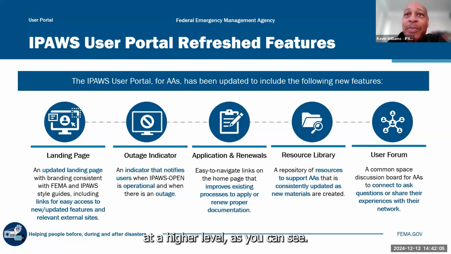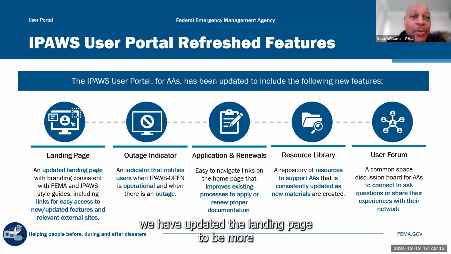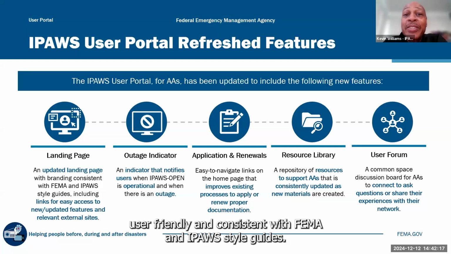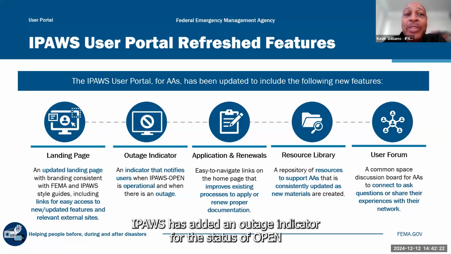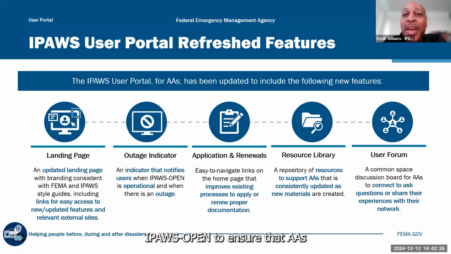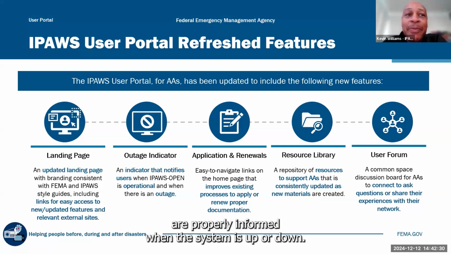At a higher level, as you can see, we have updated the landing page to be more user-friendly and consistent with FEMA and IPAWS style guides. IPAWS has added an outage indicator for the status of IPAWS Open to ensure that AAs are properly informed when the system is up or down.